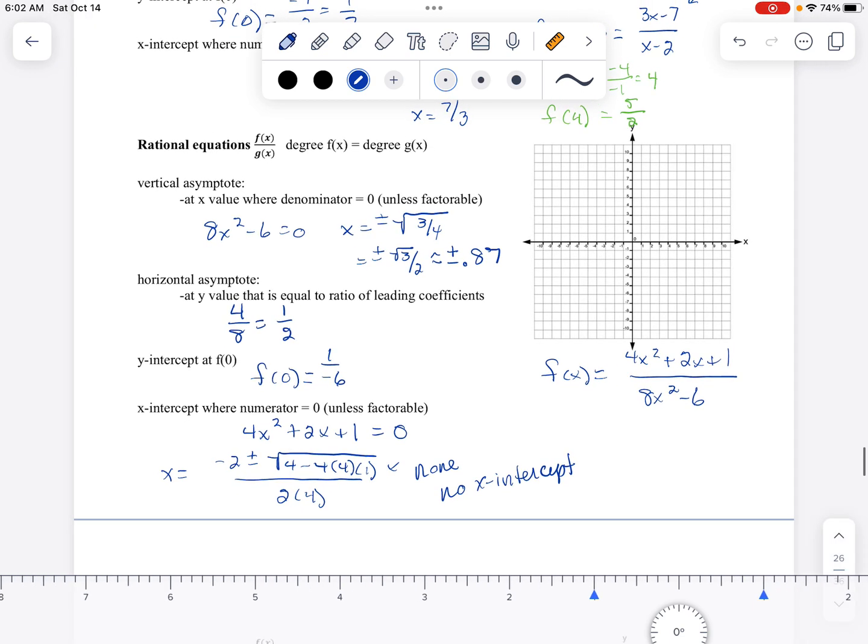Now, let's see what happens here. I think for our purposes, hopefully this doesn't throw anybody off. Since the graph is so tiny and my vertical asymptotes are at 0.87, which is rather tiny, I'm just going to make our 1 right here.